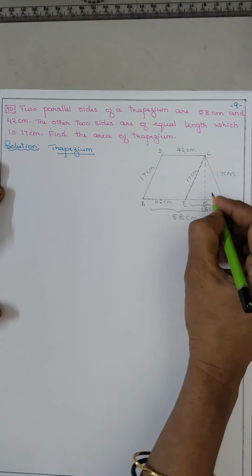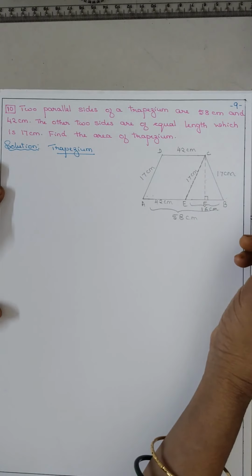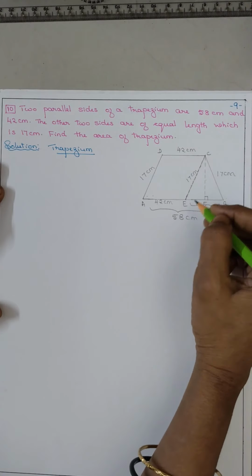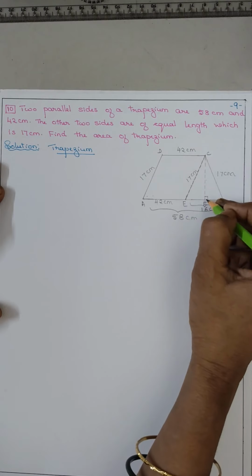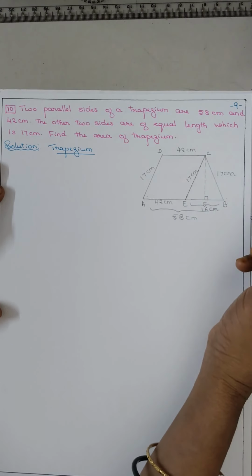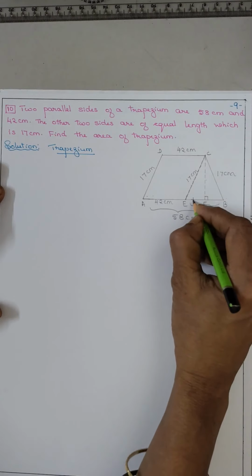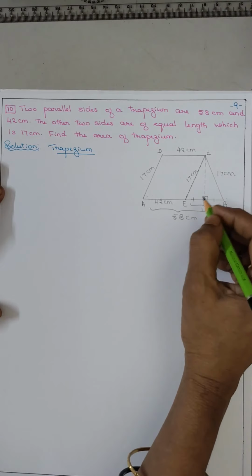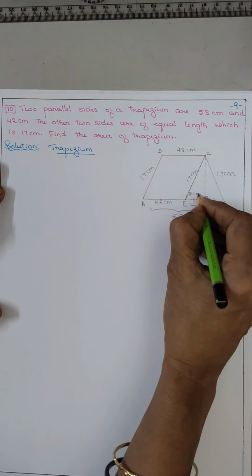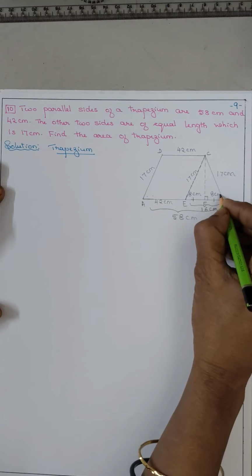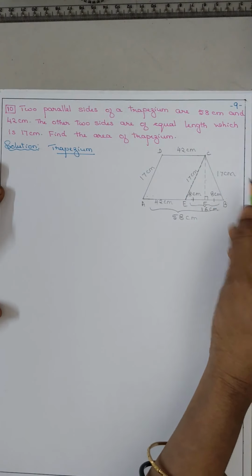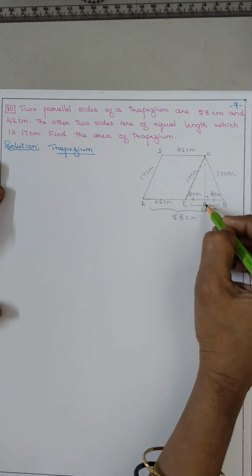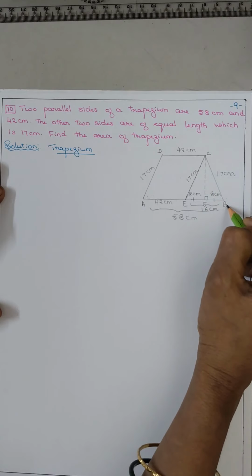Now next step is draw CF perpendicular to EB. This is perpendicular. That is why in the isosceles triangle CEB, the altitude bisects the base into two equal halves. So this and this, they will be equal. 16 का हाफ कितना है, 8 सेंटीमीटर। ठीक है, अभी ये हाइट चाहिए, इसके लिए take the right angled triangle CFB.